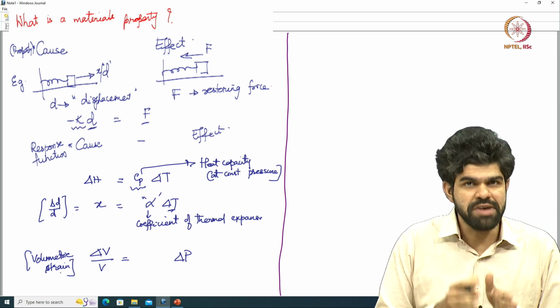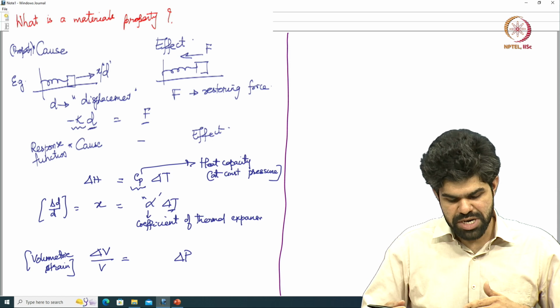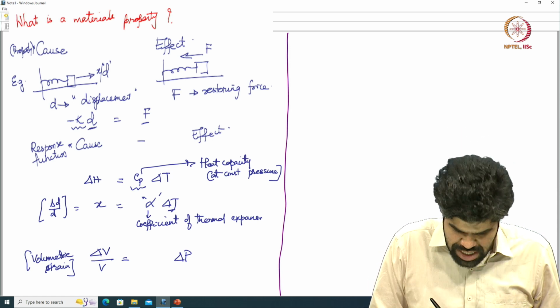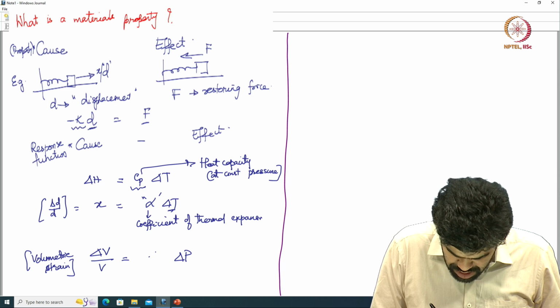if that is my effect, the cause is pressure, the quantity that relates change in pressure to change in volume is what is called isothermal compressibility, or beta, right.